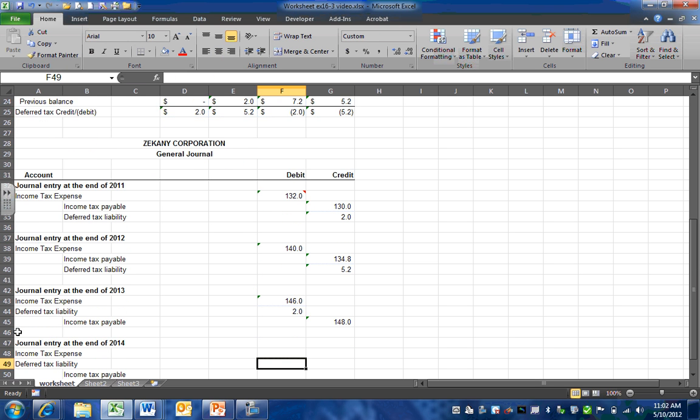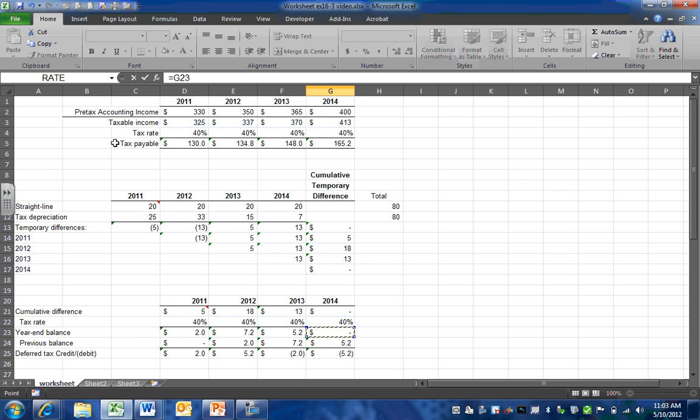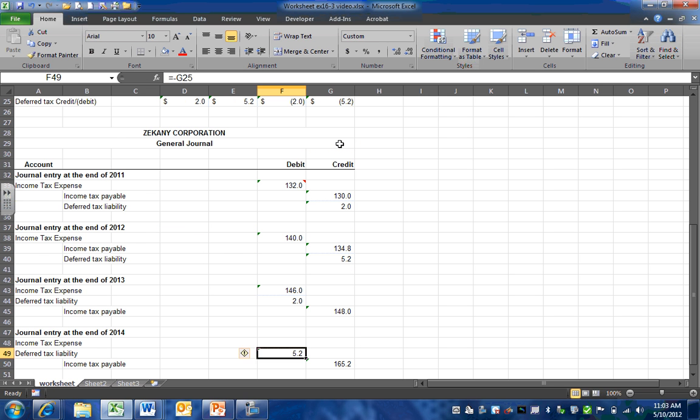So I'll type in our amount here, or we could say negative and reference the cell. And we can then take our income tax payable, and our tax expense for the year is our credits minus our debits.